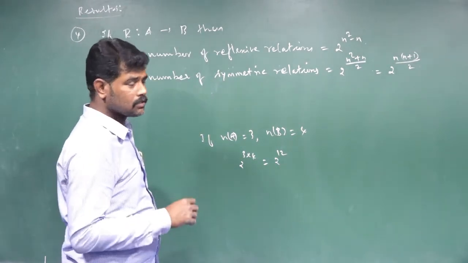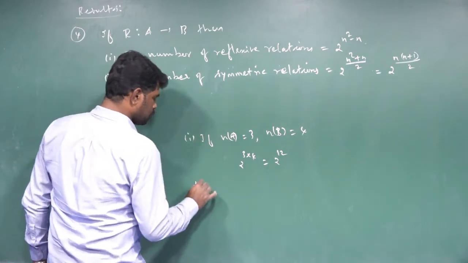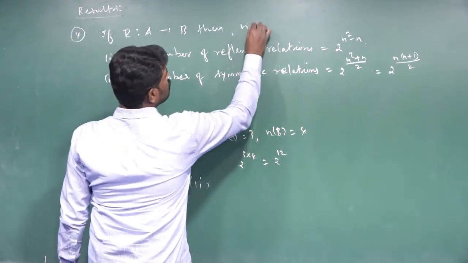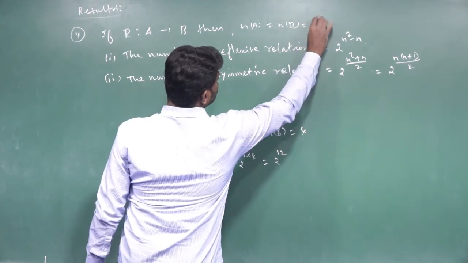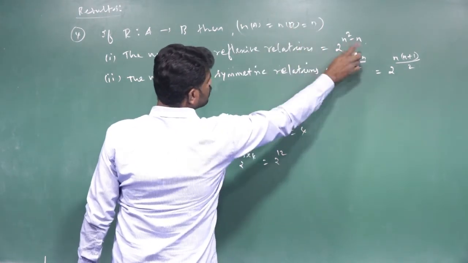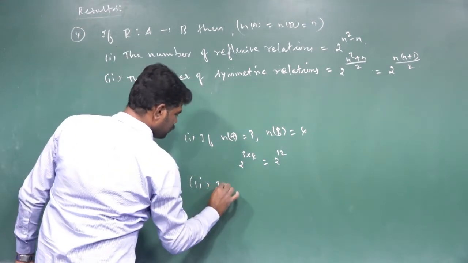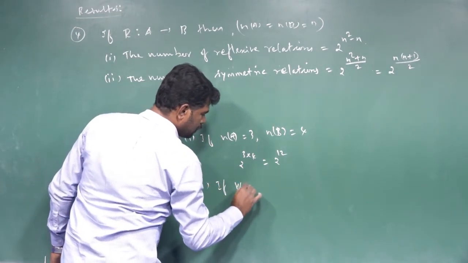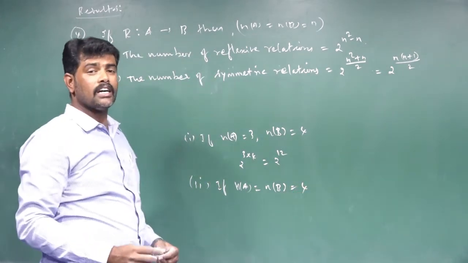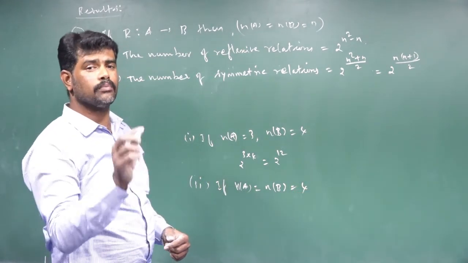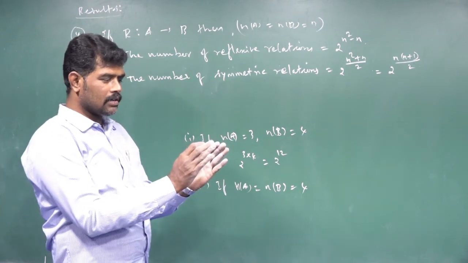Suppose both n of A and n of B are n, then only it is possible here. If n of A is equal to n of B is equal to 4, then how many reflexive relations are possible? Like that they can give the cardinality.